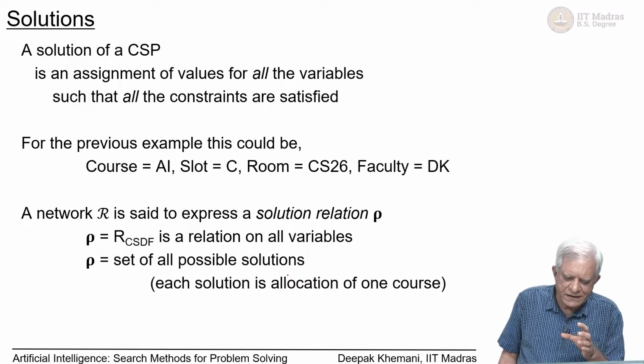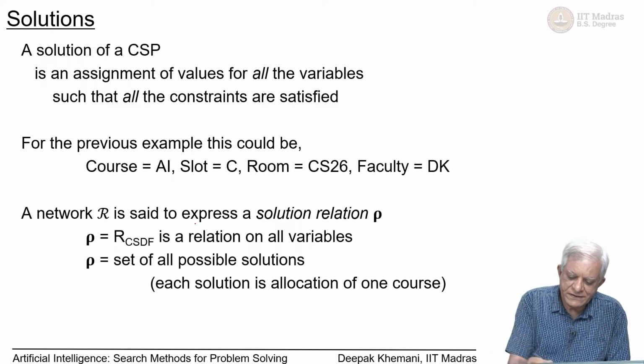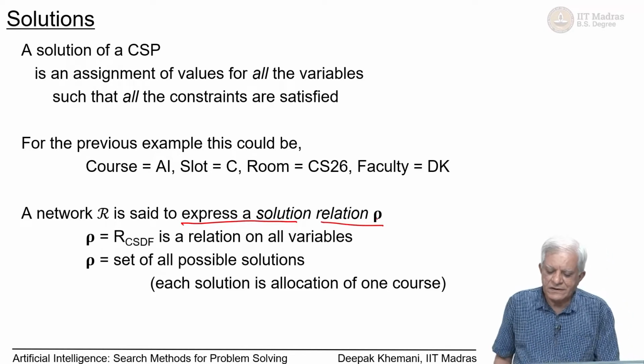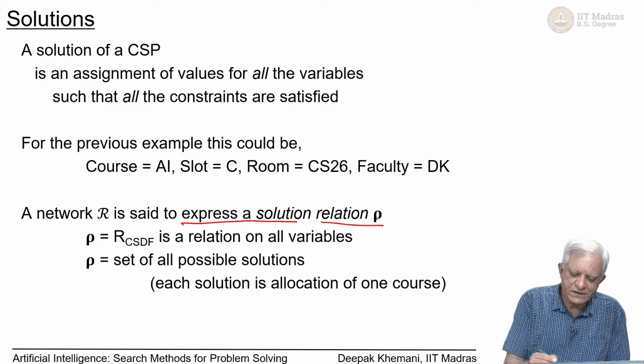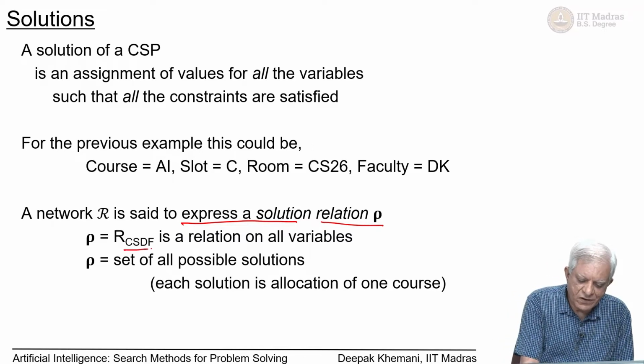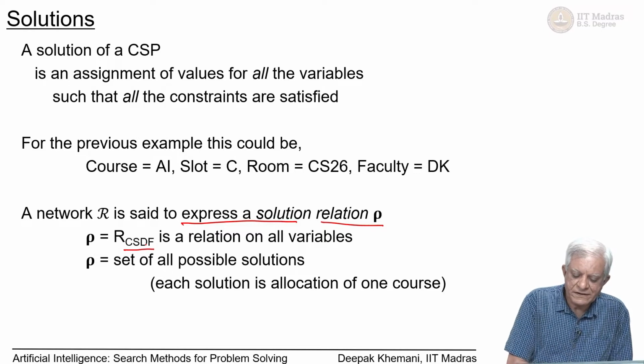But more generally, a network or a CSP, we will use the term R for that, is said to express a solution relation. So, a solution relation is a relation on all the variables that are there in the CSP, all the variables in X. So, in our example, it is a relation over all these 4 variables.